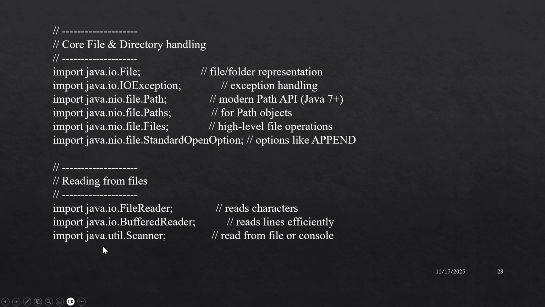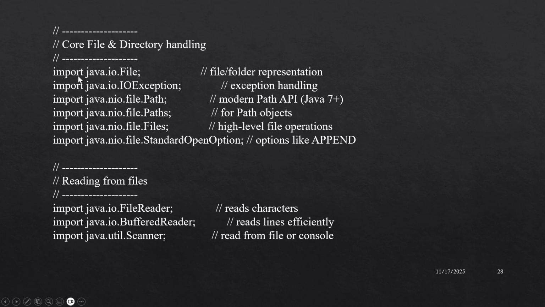Whenever you try to take input from the user, you have to use java.util and Scanner, which is the input class you have to take. So here, import java.io.File. File is a class, and java.io is a built-in package, and import is the keyword.